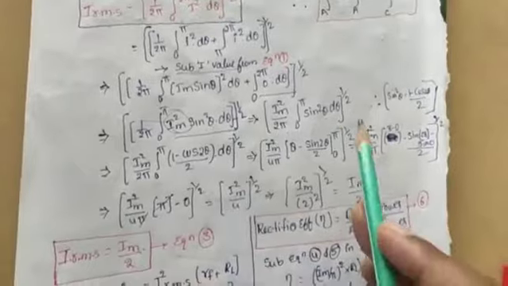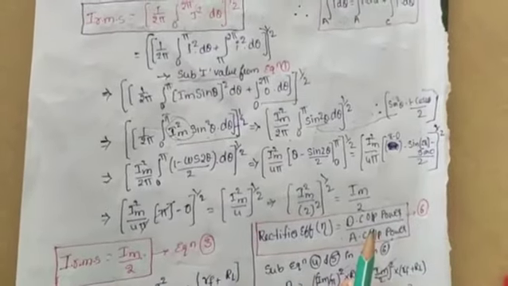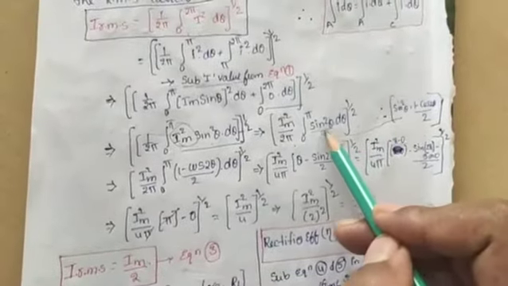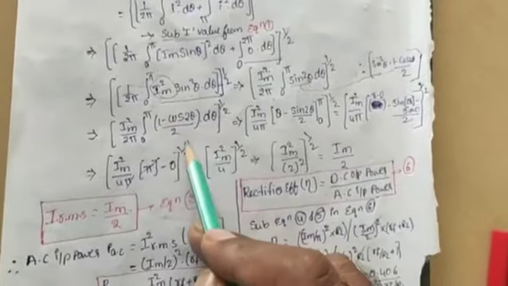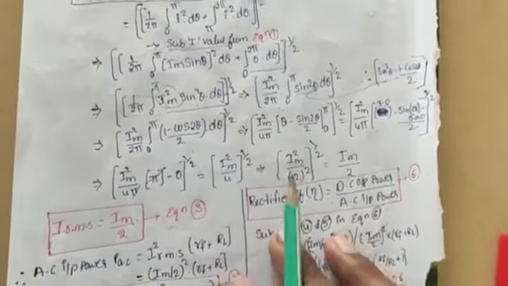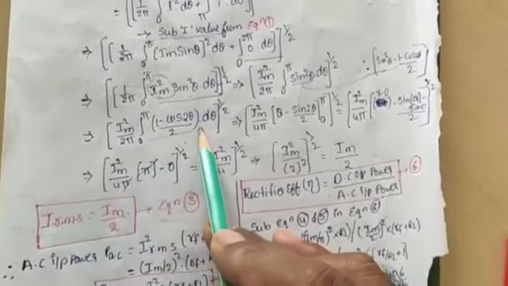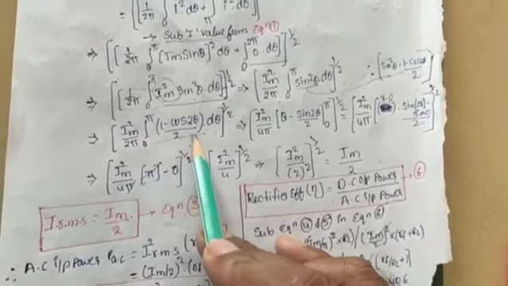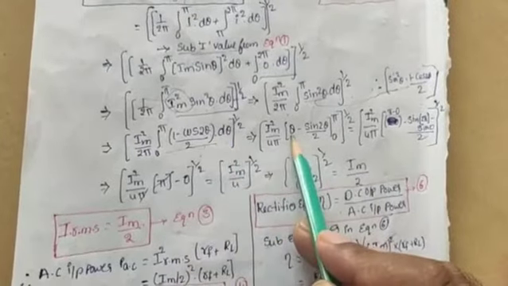According to the trigonometric rule, instead of sin² θ, substitute this value (1 minus cos 2θ) by 2 into dθ. Here I² m by π, and now applying the integration to the entire equation. The integration of 1 dθ is θ.